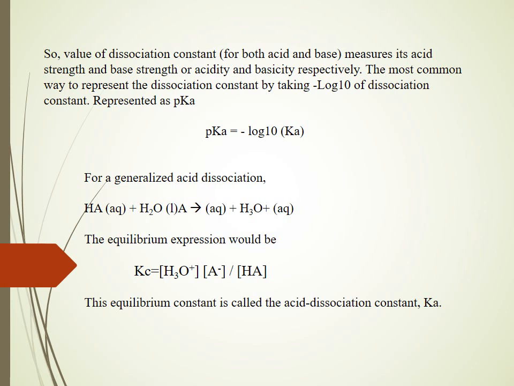The generalized acid dissociation: HA in aqueous medium plus H2O in liquid gives A minus in aqueous medium plus H3O plus in aqueous medium. The equilibrium expression would be Kc equals H3O plus concentration times A minus concentration divided by HA concentration. The equilibrium constant is called the acid dissociation constant Ka.